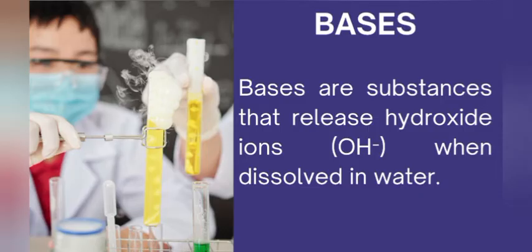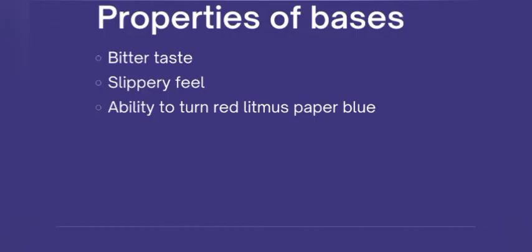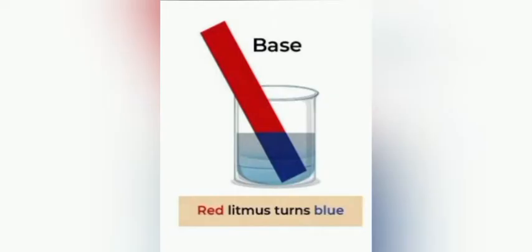What are the properties of bases? They have bitter taste. They have a slippery feel. When you feel them in your hand, they are slippery. Also, they have the ability to turn red litmus paper blue.